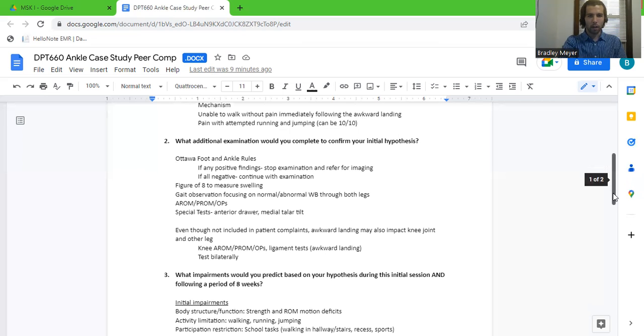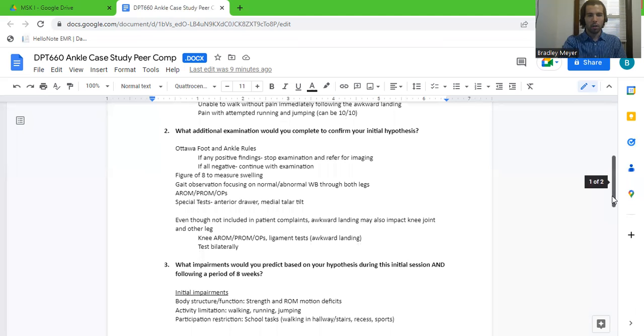But then, if I find negatives with those, then I would continue screening the ankle with active and passive range of motion and overpressures. And then I would do some special tests for ligament integrity. So the anterior drawer and medial talar tilt, which would assess those lateral ankle ligaments, which are the most commonly injured ligaments of the ankle.